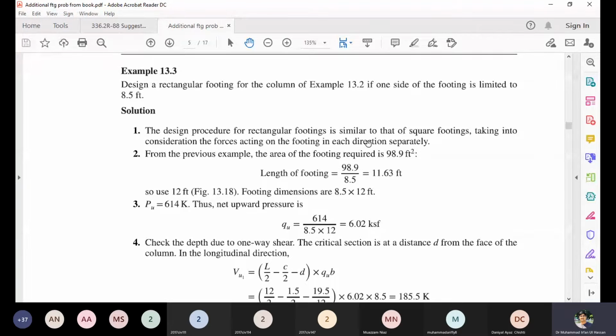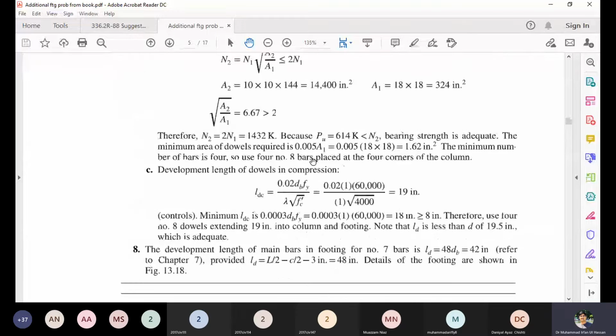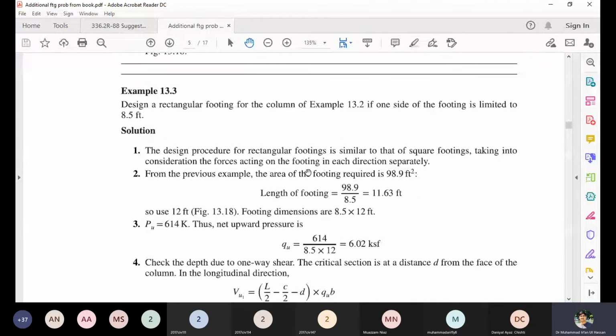Then comes a rectangular footing. The same footing of the previous problem is designed as not a square but a rectangular footing. And I have told you that when you are designing the rectangular footing, you need extra reinforcement in the central bandwidth of the footing.